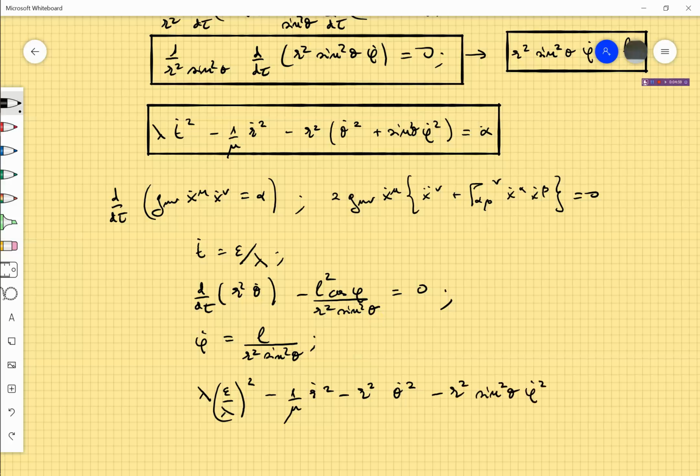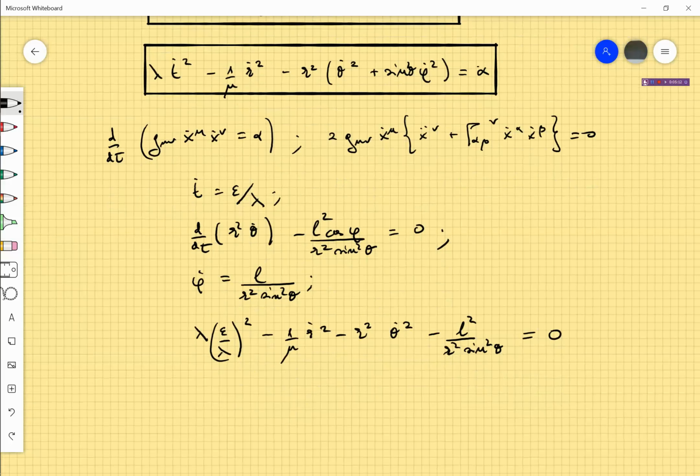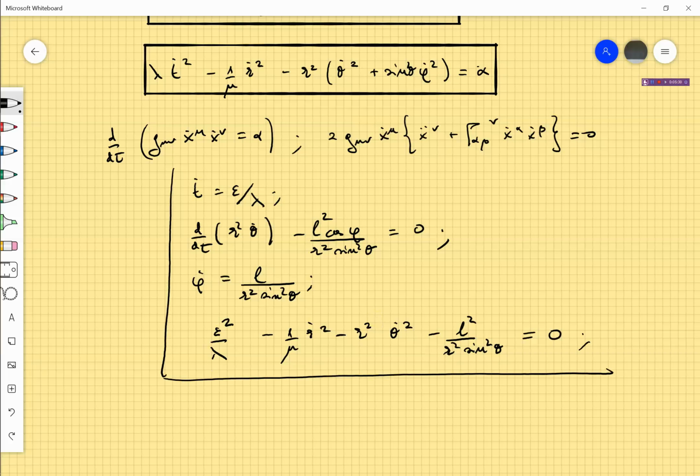If I have phi dot squared, clearly this is L squared divided by r squared sine squared theta equal to 0, and here I have epsilon divided by lambda, epsilon squared, as a matter of fact. And these are the 4 equations that we have to study.